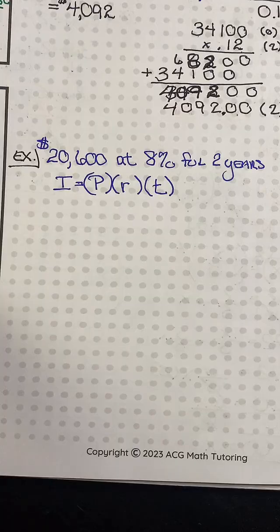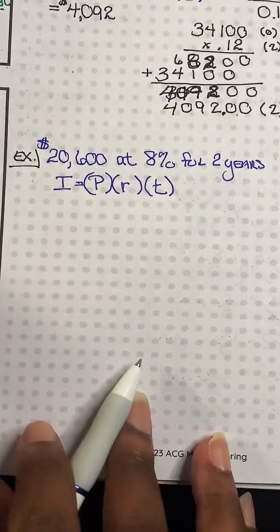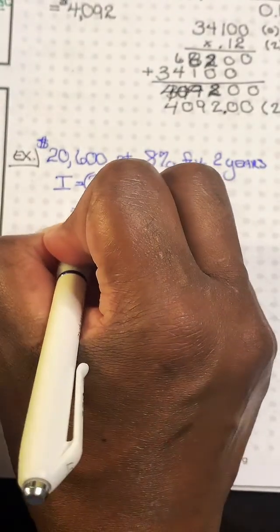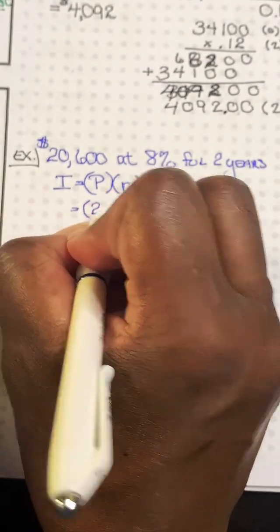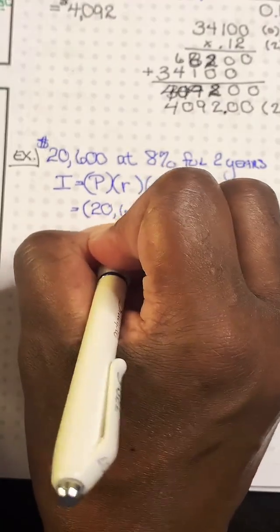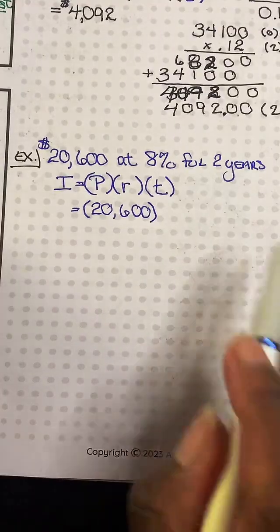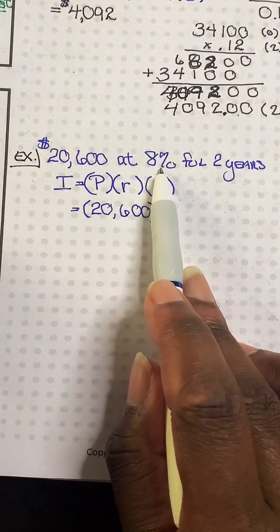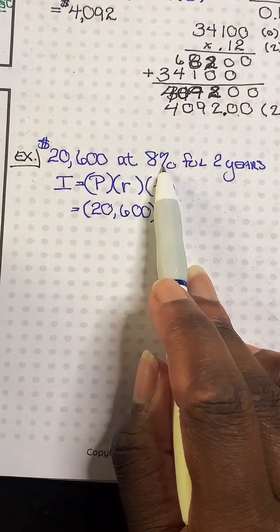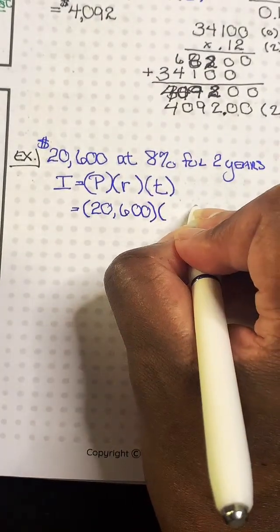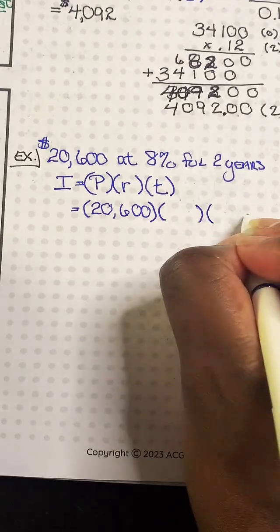So looking at our principal, the principal is what we're starting off with. So that's 20,600. Now, what is our rate? Because our rate is a percent, we need it as a decimal. What is 8% as a decimal?